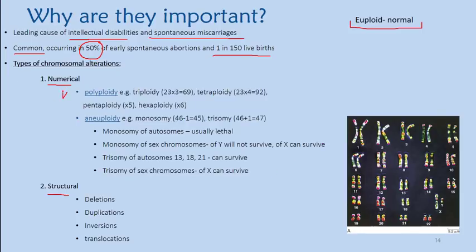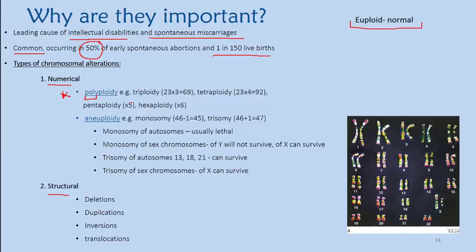Starting with numerical, when a euploid cell, a normal cell, is not normal anymore and contains more than the normal number of chromosomes, it is said to be, instead of euploid, polyploid, or polyploidy.